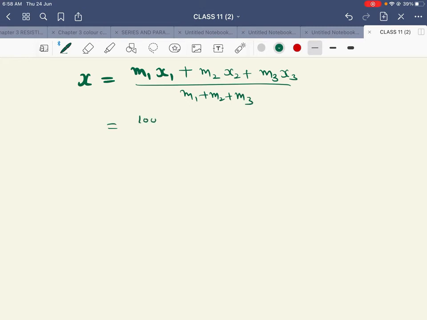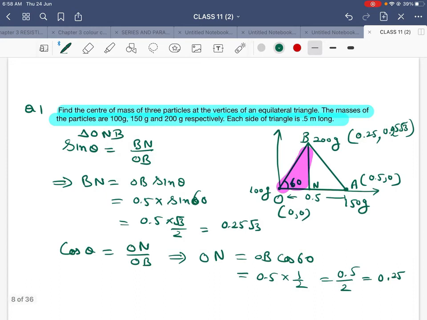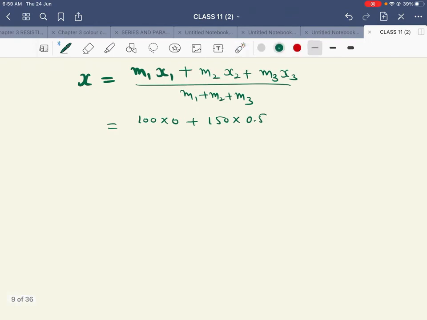Now m1 is 100 and its x coordinate is 0, m2 is 150 and its x coordinate is 0.5, and the 200 gram mass has x coordinate 0.25. Therefore we get 200 into 0.25, divided by the total mass, that is 450, and after solving we get 5 by 18 meter, that is the x coordinate.